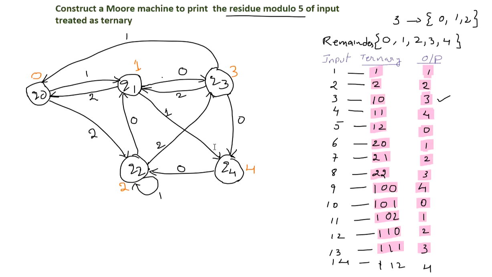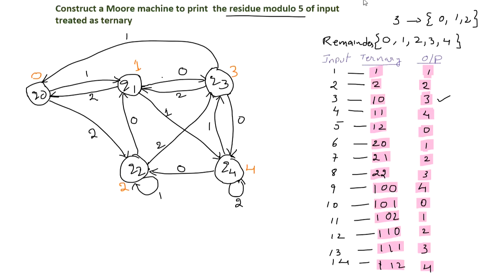With 1 1 at Q4, Q4 on 1 reaches the state Q3. The next string is 112, the output is 4, so it has to reach the state Q4. With 1 1 at Q4, Q4 on 2 is a self loop with 2 and reaches the state Q4.